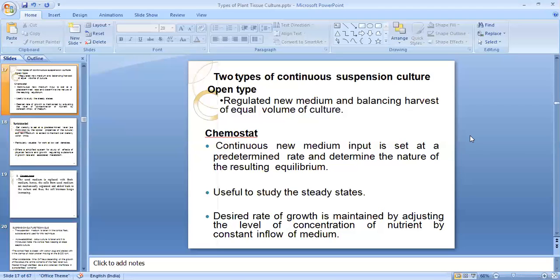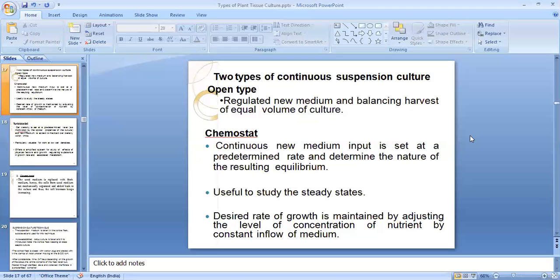And once the growth of the cell is attained, there will be a change in the chemical nature of the culture medium. That means, maybe the oxygen which is provided inside might have been used by the cells, and more carbon dioxide may be produced, or other unwanted waste materials produced by the cells in the bioreactor may result in changes of the chemical nature of the culture medium.